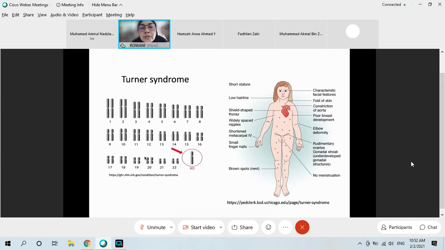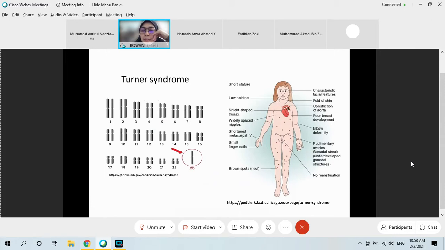Another example is Turner syndrome. In a child with Turner syndrome, the problem is there is only one X chromosome in a female, and that gives rise to various phenotypes. They are short, they have a low anterior hairline, characteristic facial features with a flat nasal bridge, epicanthic fold, and classically a fold of skin on the neck, giving rise to a web neck.